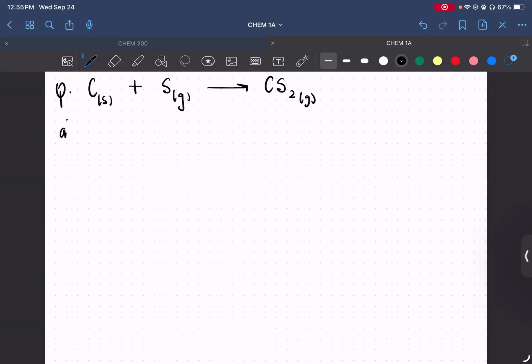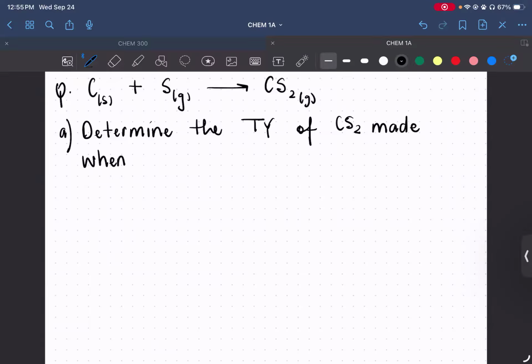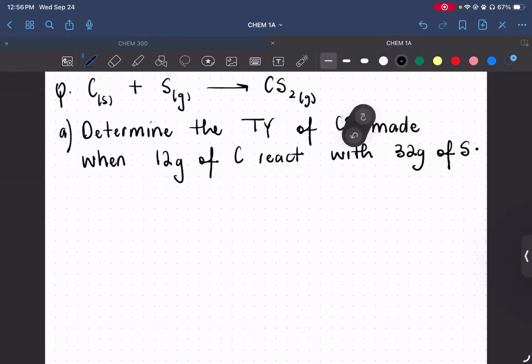And the question is, determine the theoretical yield of CS2 made when 12 grams of carbon reacts with 32 grams of sulfur. Actually, let me not make that 32. Let's make that 23. 23 grams.